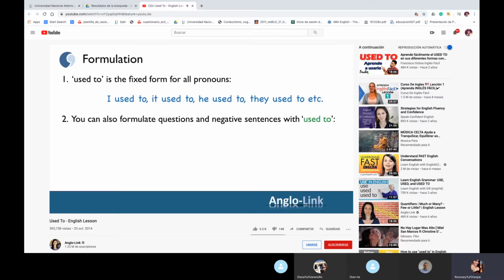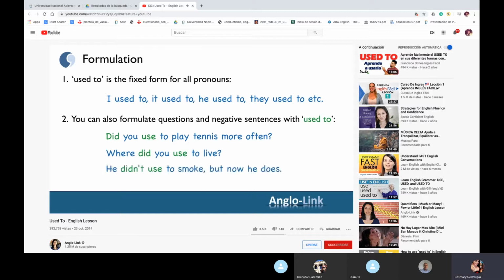However, be careful that after did, the D disappears. For example, did you used to play tennis more often? The pronunciation is very similar. Other examples? Where did you used to live? He didn't used to smoke, but now he does. Didn't she used to work for you?